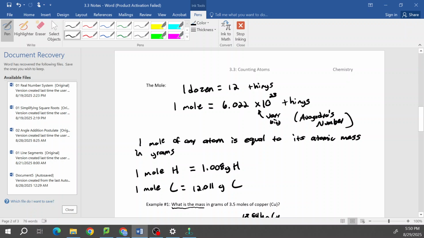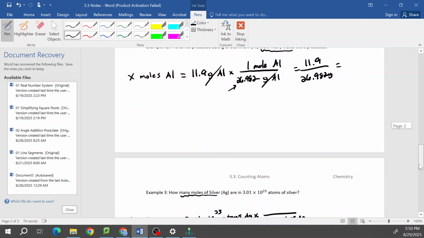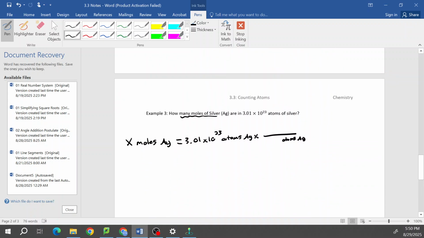Well, in this case, 1 mole can be 6.022 times 10 to the 23 atoms. So 6.022 times 10 to the 23 atoms is equal to 1 mole of silver. I can cancel my atoms, and I'm left with this divided by this. And that should give me my moles.